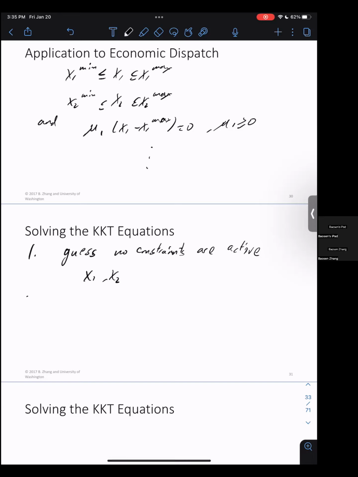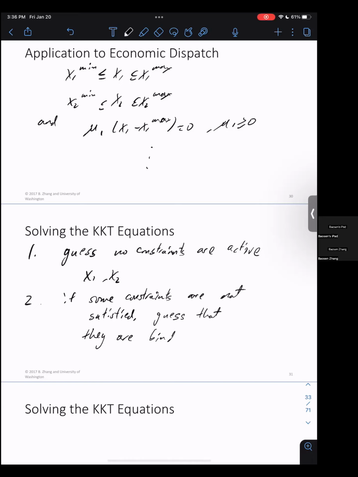So two, if some constraints are not satisfied, guess that they are active or binding. For example, if x2 turns out to be too large, then guess x2 equals x2 max.